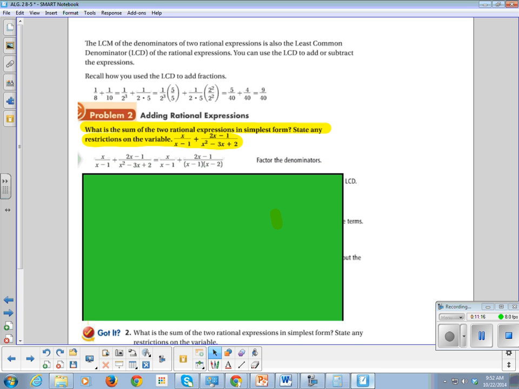Okay, so the first thing that we do is factor the denominator, so follow the magic highlighter. Thankfully, x over x minus 1 stays the same, and 2x minus 1 stays, and then our bottom denominator factors into x minus 1 and x minus 2.